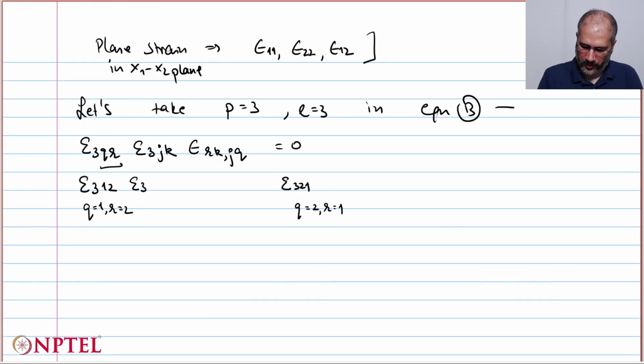So let's write the other terms. This is epsilon 3JK, and this strain R is 2, K comma J, Q is 1, plus then R is 1 here, K comma J, Q is 2.